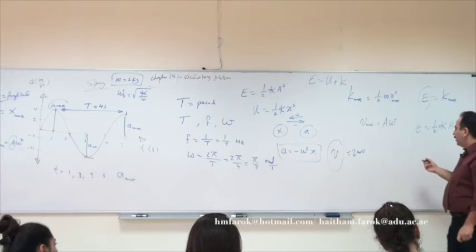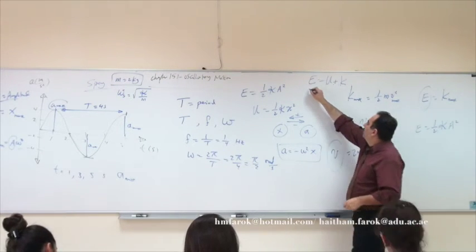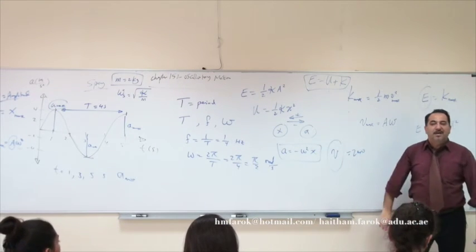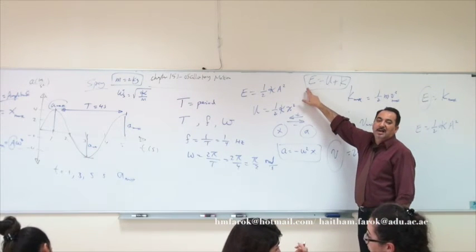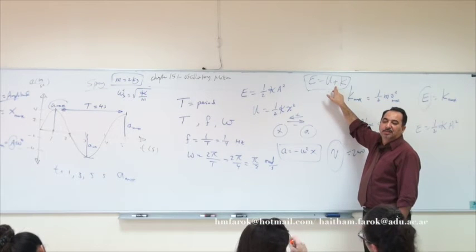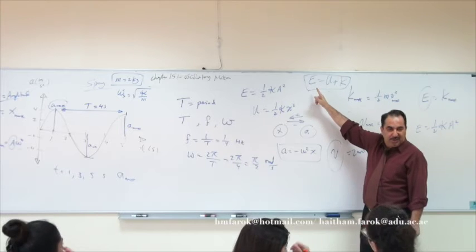Okay? Now, the last thing is for energy. Don't forget this. Always think of this equation. Why do you have to think of it? Because sometimes the question is so easy, you know maybe the total and the kinetic. So what you do? Subtract, you get the potential, yes?